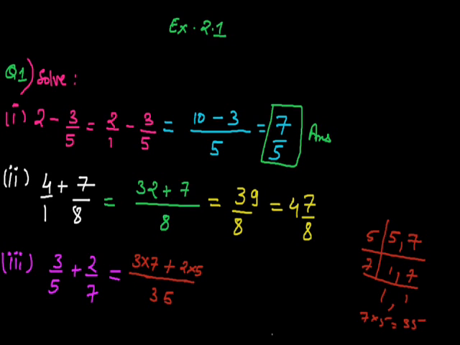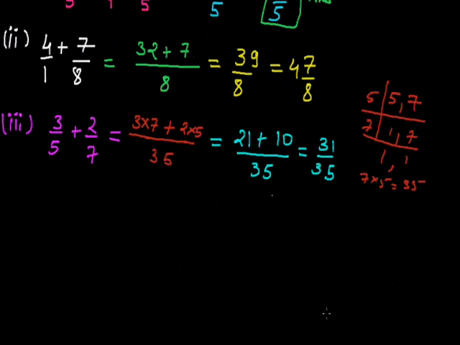Now if we simplify it, we will get 3 7s are 21 plus 2 5s are 10 upon 35, which will be 21 plus 10 upon 35, which will be equals to 31 upon 35. Now it is a proper fraction.